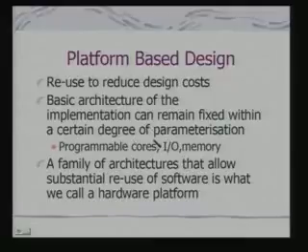So what we say is, the basic architecture of the implementation can remain fixed within a certain degree of parameterization. So we have programmable cores, I/O, memory. A family of architectures that allow substantial reuse of software is what we call a hardware platform. In fact, this definition we had already considered when we discussed SOCs. Now again we are going back to platforms to understand the philosophy of embedded system design around platforms.